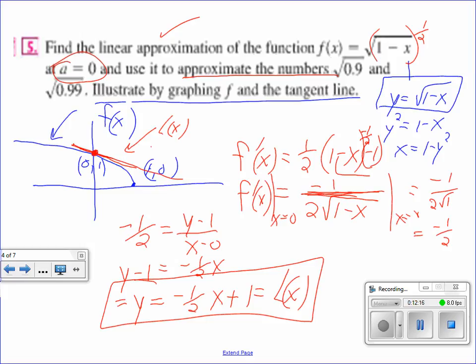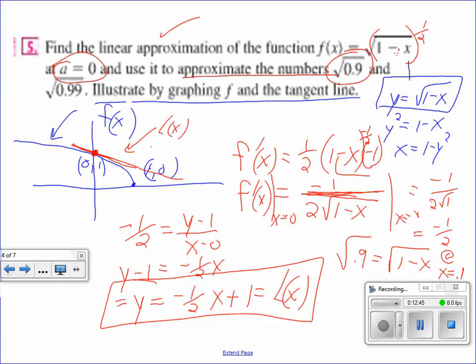Now they want me to approximate the square root of 0.9. Now I've got to figure out what x is at 0.9. 0.9 is equal to 1 minus x, so that means x equal to 0.1, right?